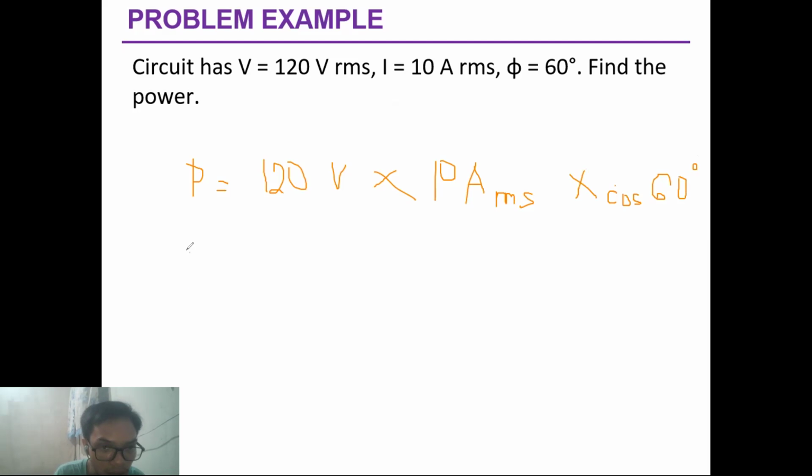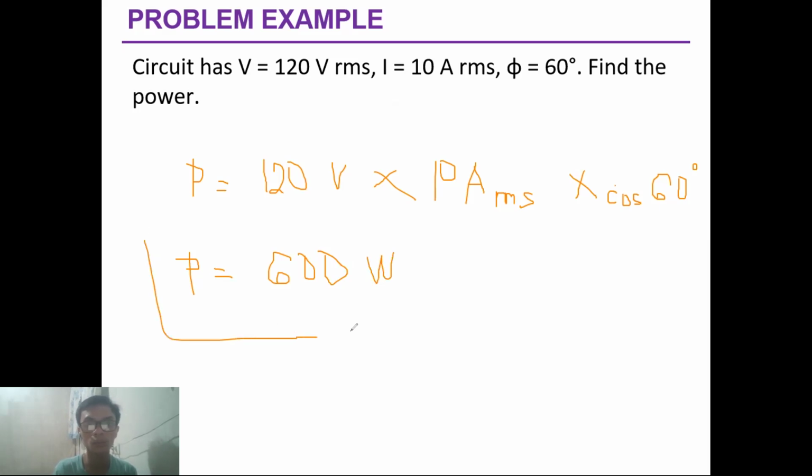So based on this calculation, we will get 600. And the unit for power is watts. So therefore, the power based on these given values is equal to 600 watts. So why do engineers aim for a power factor close to 1 in power systems?